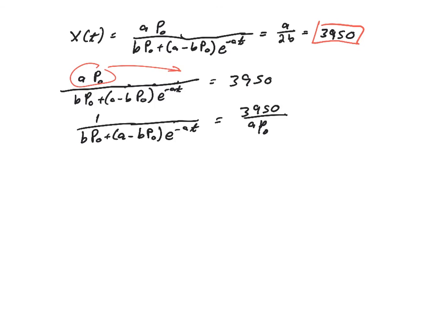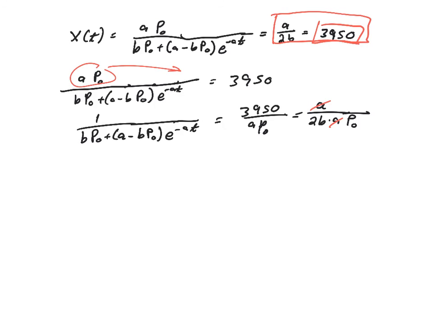And again, what else you can do is just rewrite this. Remember, you always have this relationship. I might as well just use it instead of having to write the 3,950. So this should just turn into A divided by 2B P naught, times A P naught. And the A's cancel, and that's a little bit easier to write instead of having to write 3,950. And again, you can be as clever as you want.